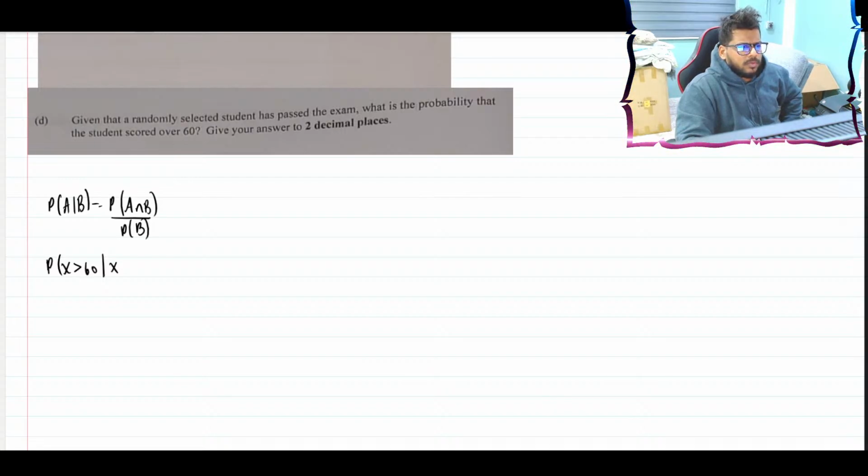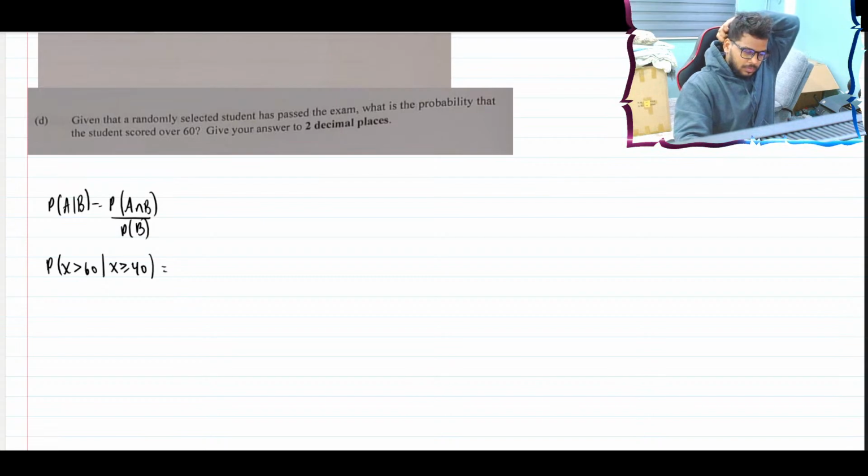What's the probability that the student scored over 60? He passed the exam, so he had to be more than or equal to 40. That will be 60 and 40. How many students pass the exam?